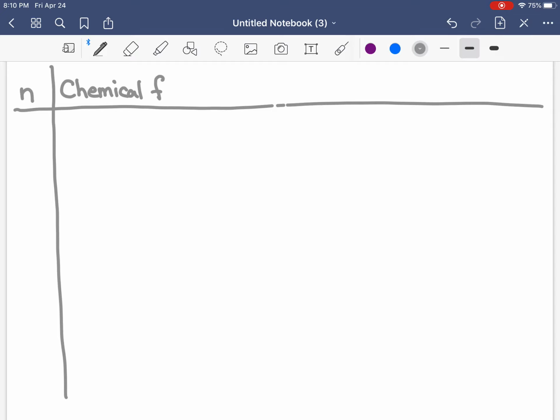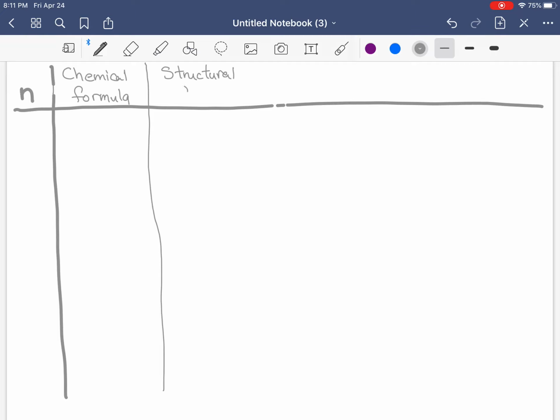Like, for example, I don't need that much space for this one. Okay, I'm going to make it thinner. I have chemical formula. Chemical formula is important, but not in organic. Inorganic is pretty useless.